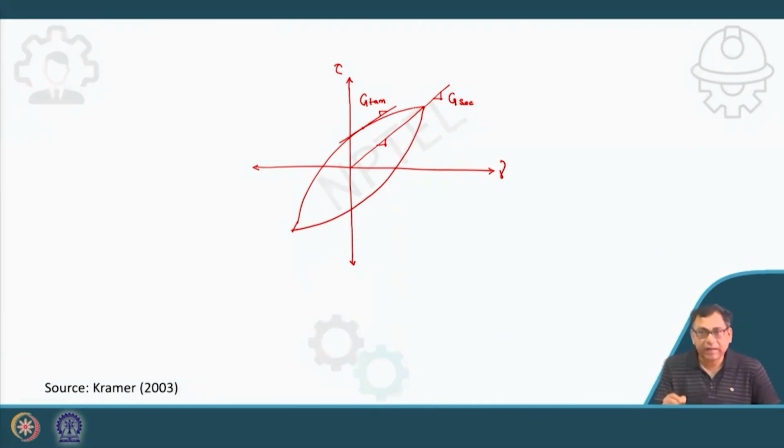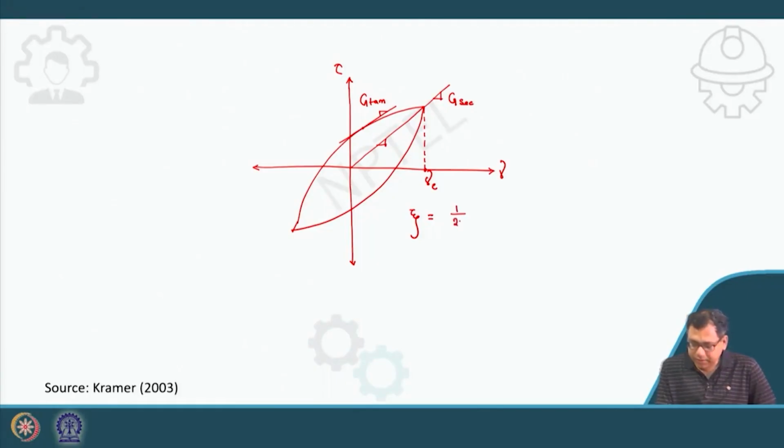That is the shear modulus we get in the equivalent linear approach, and it corresponds to this strain, say strain C.